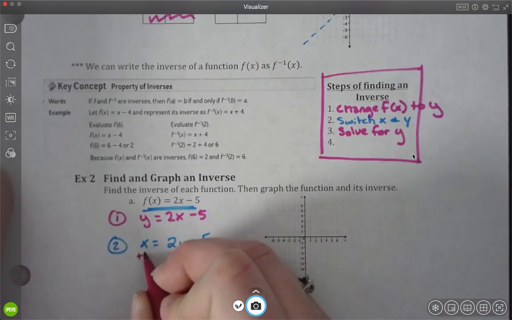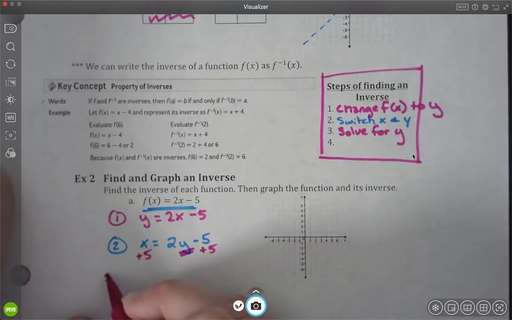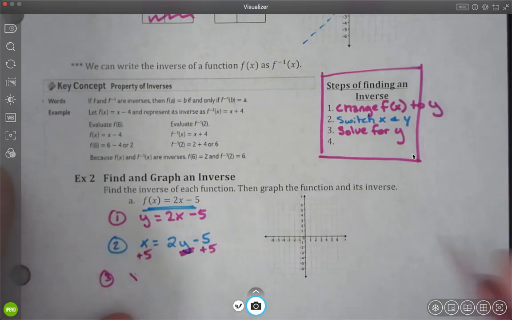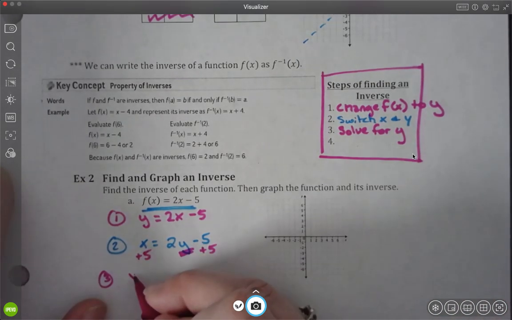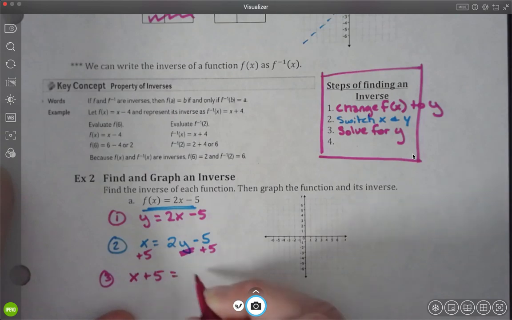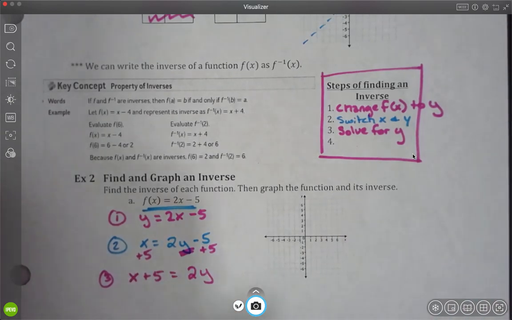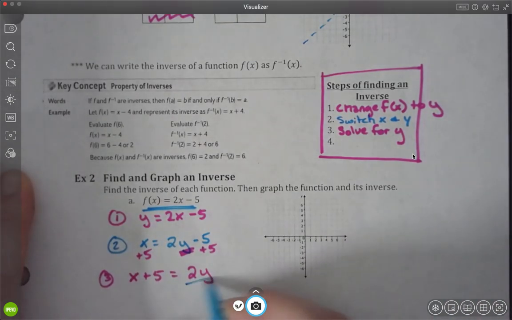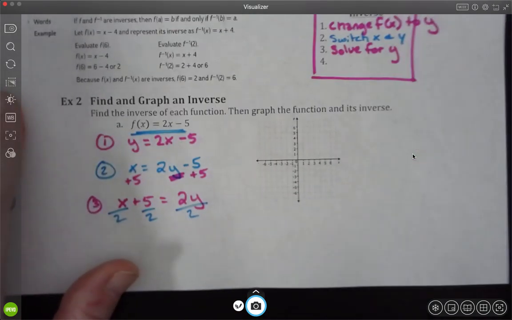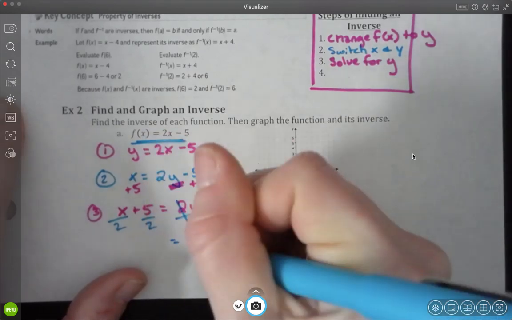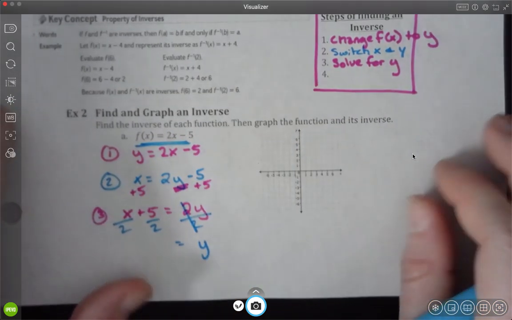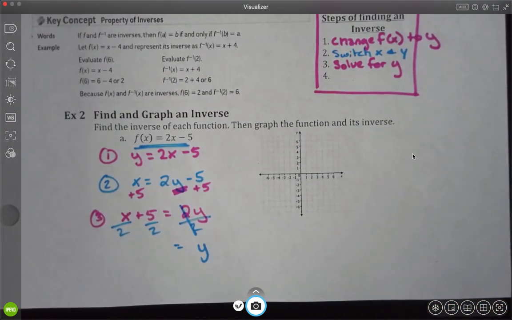So in step number 3, I have x plus 5 equals 2y. Now, I'm not quite done yet. I'm going to divide by 2, but I have to do it for all 3 pieces. Divide by 2, divide by 2, divide by 2. Now, I have y by itself over here. What is x over 2? What does that mean?